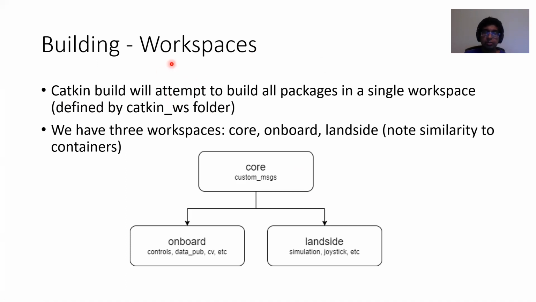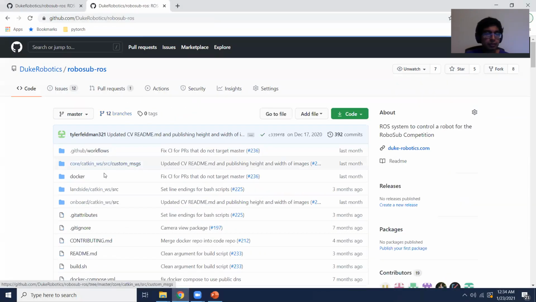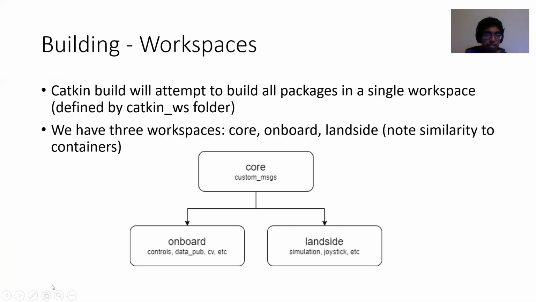To do this, we use something called a ROS workspace. If you notice in our code base, we have this Catkin workspace thing: core/catkin_ws. This catkin_ws basically signifies to ROS that this is a workspace. We have three different workspaces in our repository: core, Landsat, and onboard. This is very representative of our container structure.